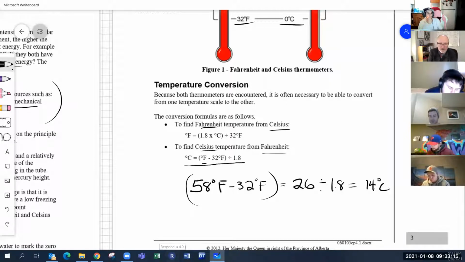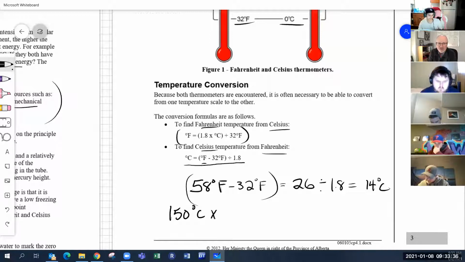Now, let's do this. I have a temperature Celsius of 150 degrees C. I want to know what the Fahrenheit conversion of that is. So we'll use this formula up here. What you do is you take your Celsius, multiply it by 1.8.